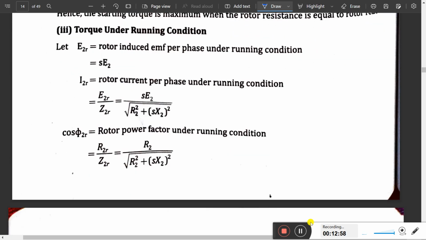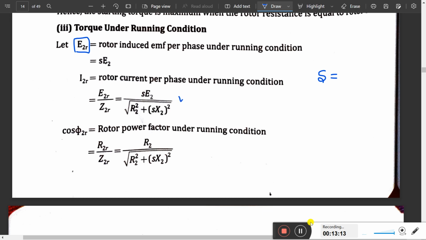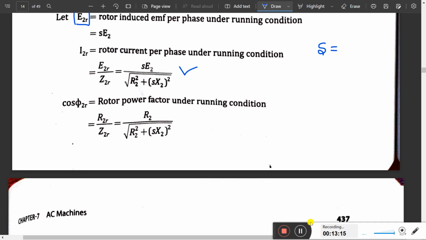Now, the torque under the running condition. At this condition, we don't take S value as 1. We have to take S as a certain value and then substitute. The voltage E2R is equal to S E2, I2R we already derived from the above equations, and the power factor is equal to R2 by under root R2 square plus (S X2) square.